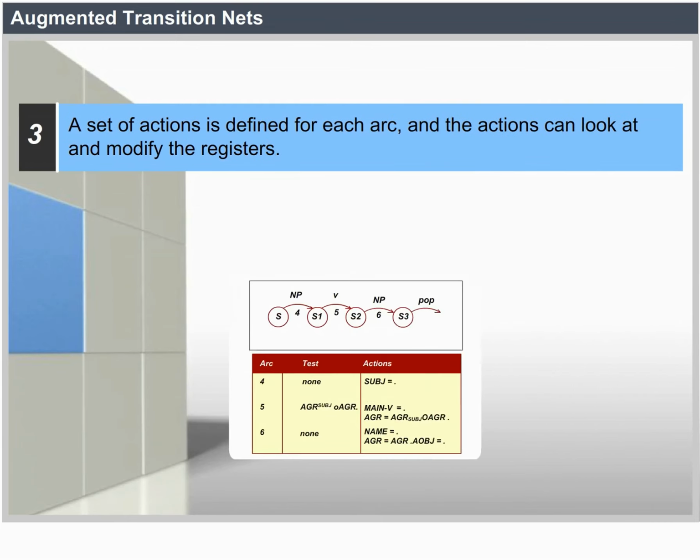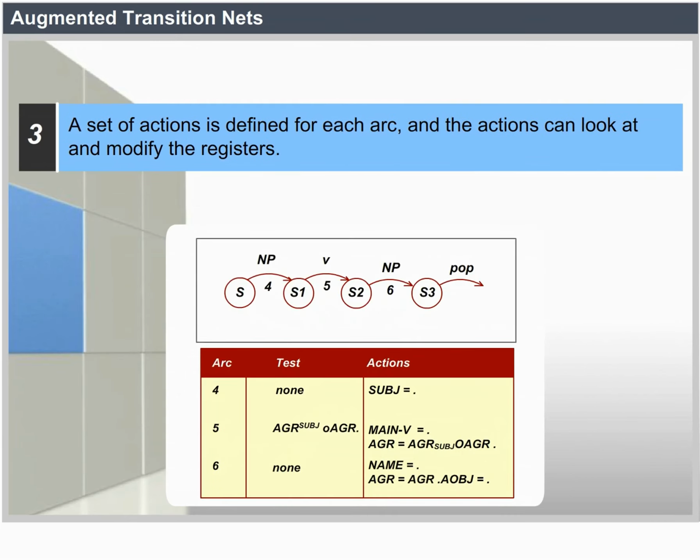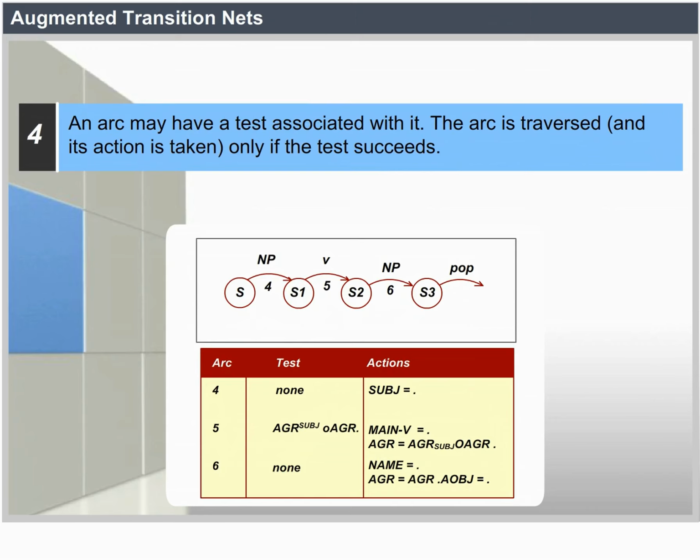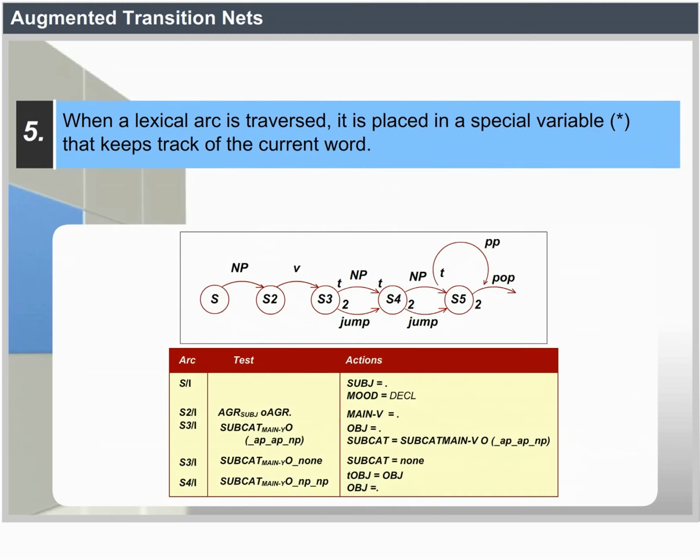A set of actions is defined for each arc, and the actions can look at and modify the registers. An arc may have a test associated with it. The arc is traversed, and its action is taken, only if the test succeeds. When a lexical arc is traversed, the word is placed in a special variable asterisk that keeps track of the current word.